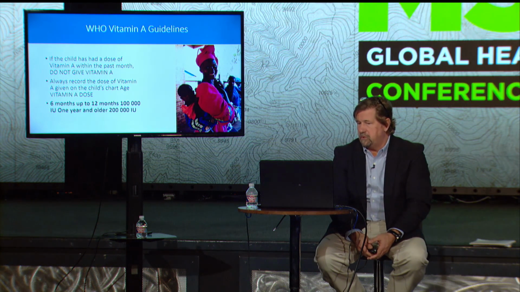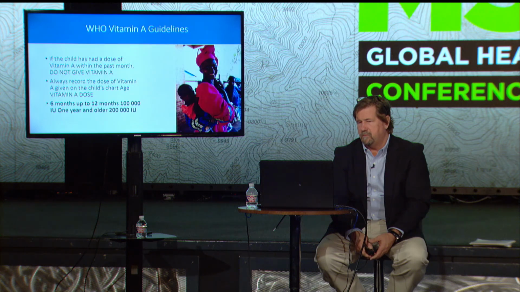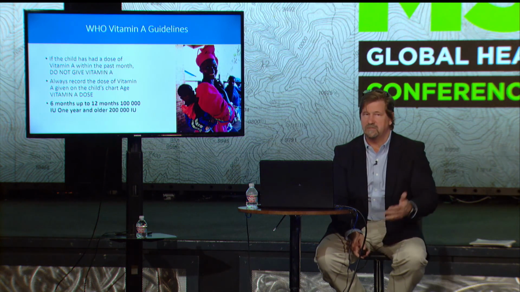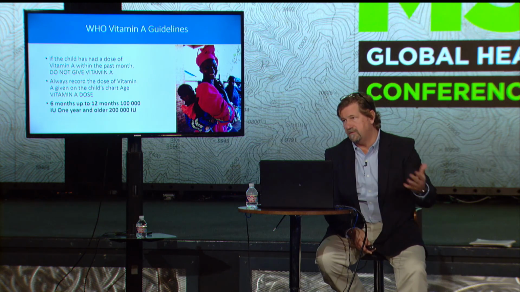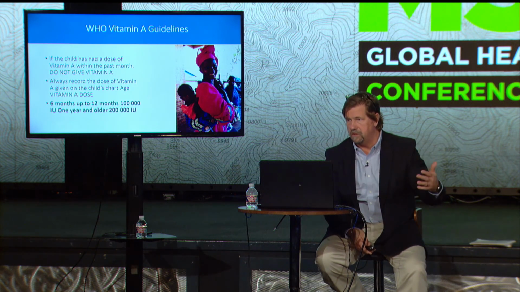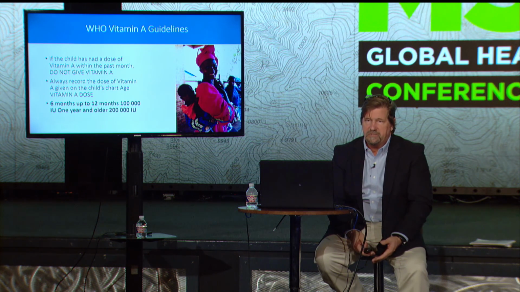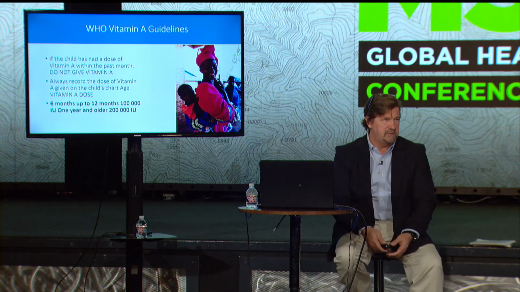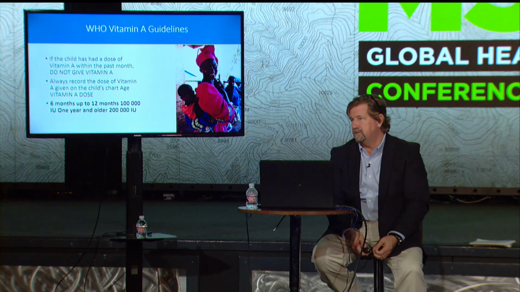So this has been shown to really, I've seen some varying studies. Some say it doesn't significantly reduce mortality, but there's a lot of studies that were done earlier that say that it does. And just in the context of strengthened immune systems, I think you do a lot with vitamin A supplementation.